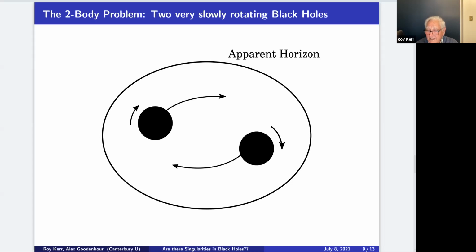Furthermore, because this whole metric is independent of time, the time between their arrival on the inside will be a constant. So I can follow that.